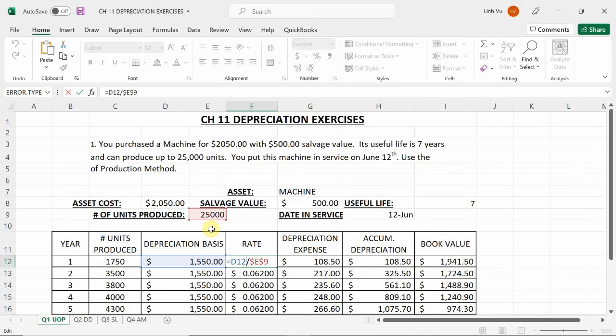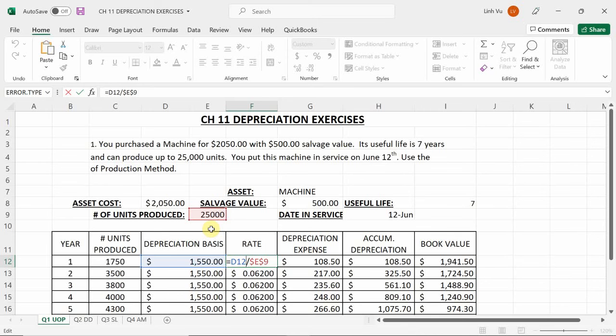Okay, do you understand now? I think I explained that 5 times already. So, the 1550 is the depreciation basis, which is the total amount that I can depreciate up to. I can't depreciate those $500 because that is my salvage value.